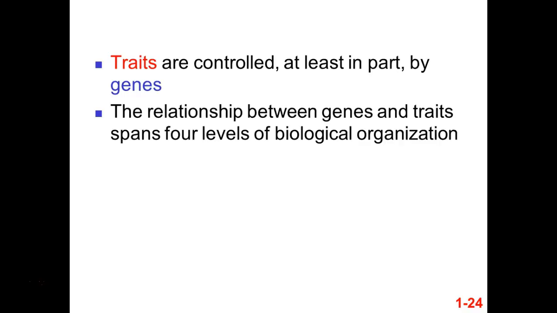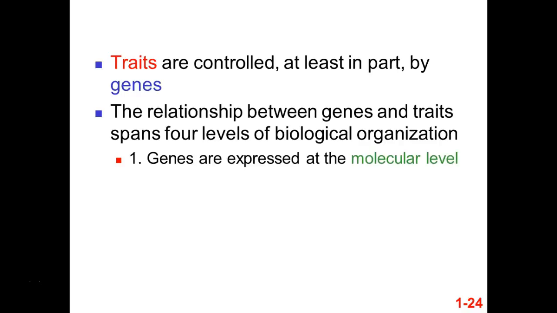So that relationship between our genes and our traits spans 4 levels of biological organization. Those genes are expressed at a molecular level, right? So we're talking about DNA, RNA, proteins. You have the DNA, and from that, we make the proteins.